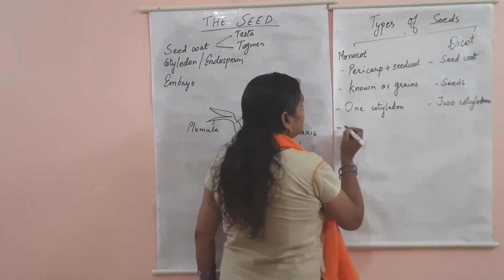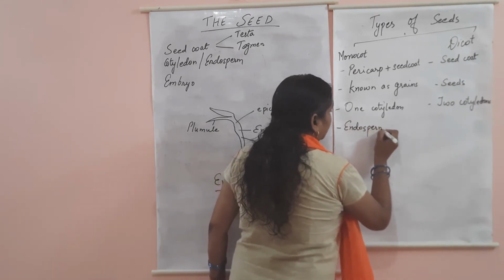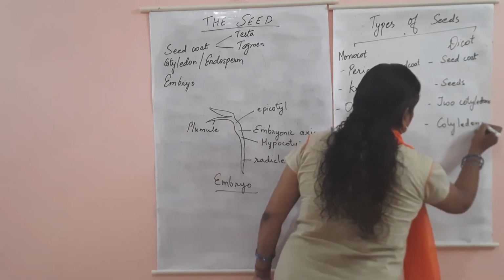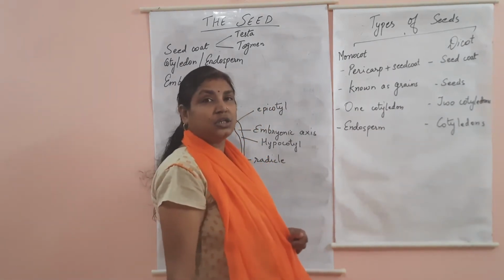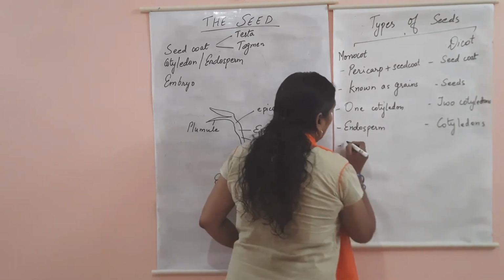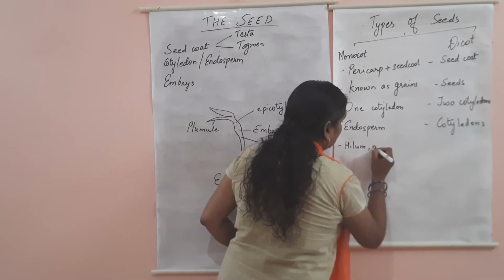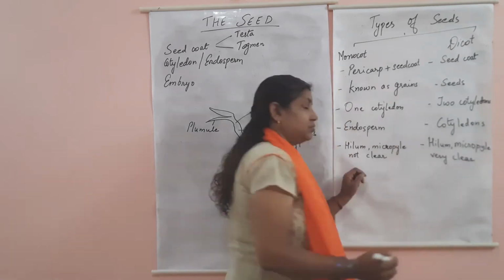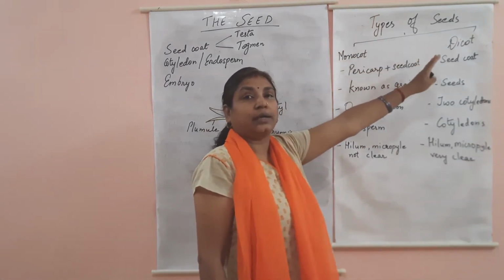In monocot seeds, food reserve is your endosperm, whereas in dicot seed, food reserve is your cotyledons. In monocot seeds, the hilum and micropyle is not distinguishable, whereas in dicot seed, they both are very clearly distinguishable. So this is all about your difference between monocot and dicot seeds.